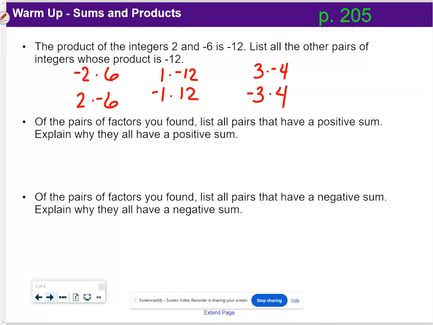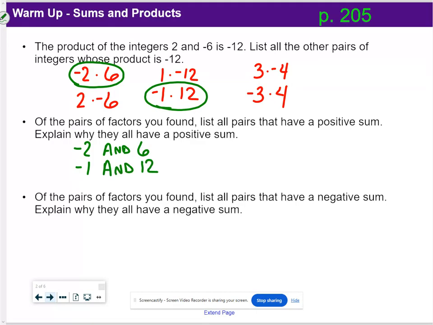So the ones that would give me a positive sum, that would be like this, for instance, because -2 plus 6 would give me a positive 4 for my sum. In my 1 and 12 groupings, this would give me a positive, so -1 and positive 12. And then in my 3 and 4 grouping, I would use, I guess this one's also on the bottom, -3 and positive 4.